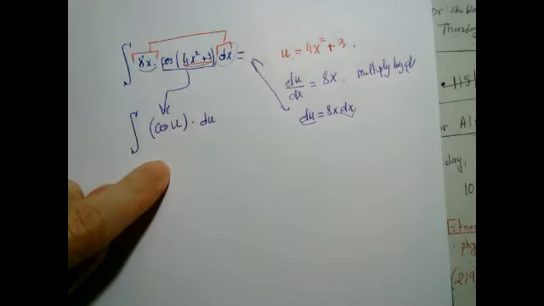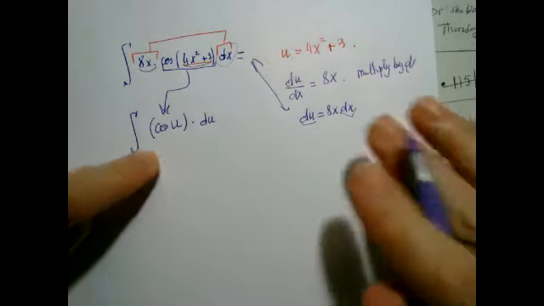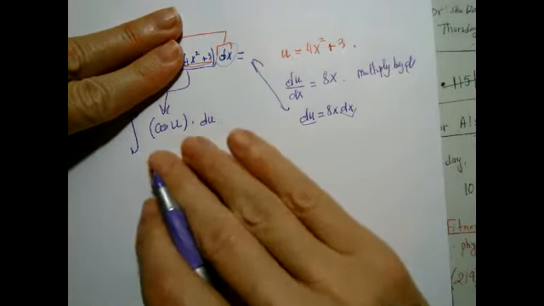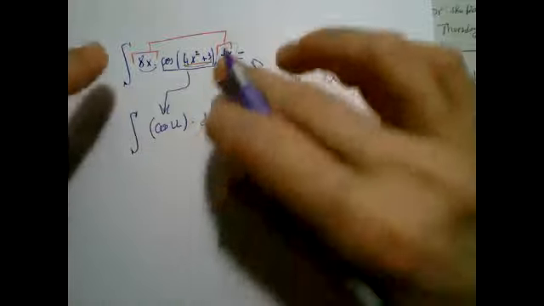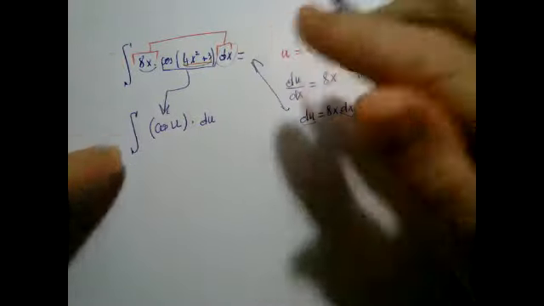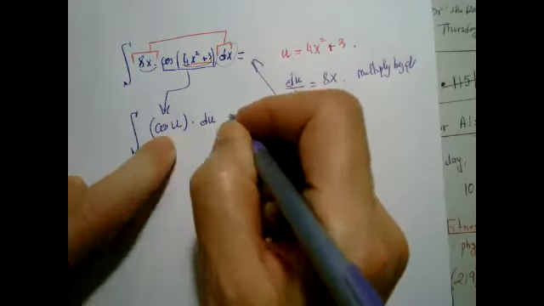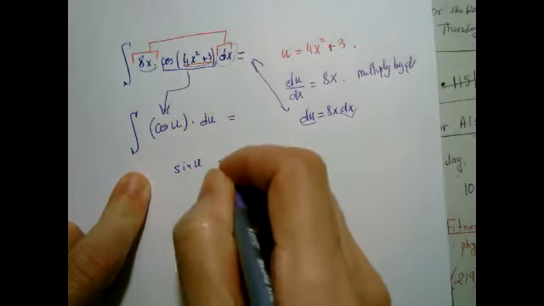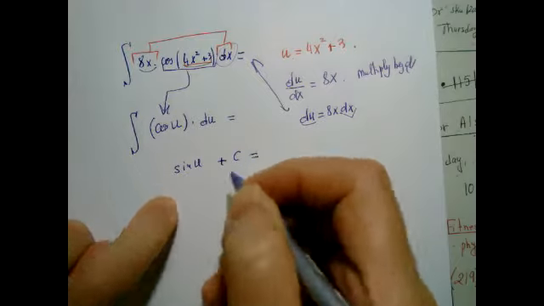Once I have an integral in u, nothing but u, I evaluate it as an integral in u. So now I have a new integral in the new variable u. This one should be easier than the first one. As an integral in u, the antiderivative of cosine is the sine of u plus c.